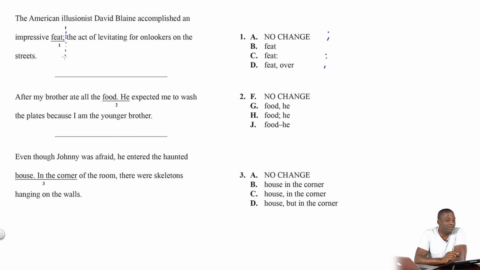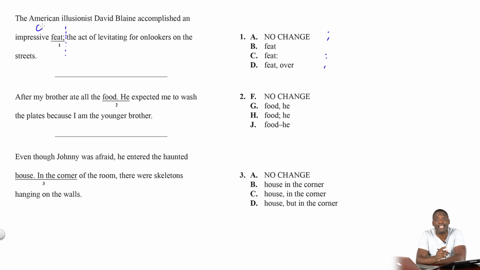The American illusionist David Blaine accomplished an impressive feat. What do you think? Do you think this is a complete idea or an incomplete idea? Hopefully, you said complete. It is a complete idea because the American illusionist David Blaine, that's the subject, accomplished, that's the verb, the thought is complete, an impressive feat.